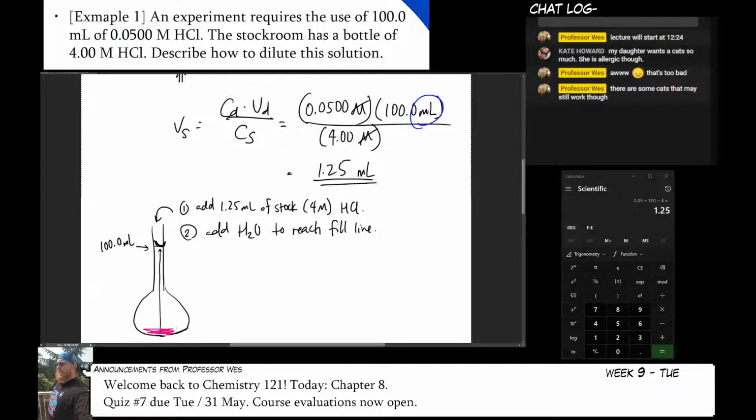And it should look like that. Now, if this is all water and the HCl just kind of settles to the bottom because I haven't mixed it really well, the last step that I would need to do would be to mix it really well.